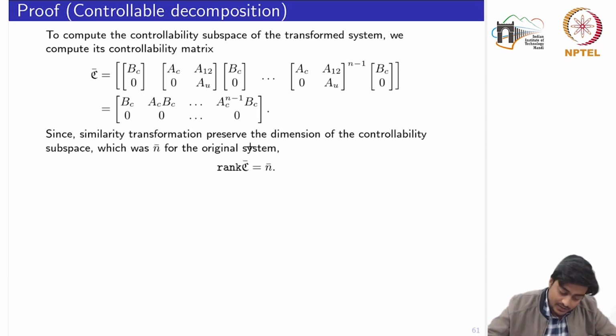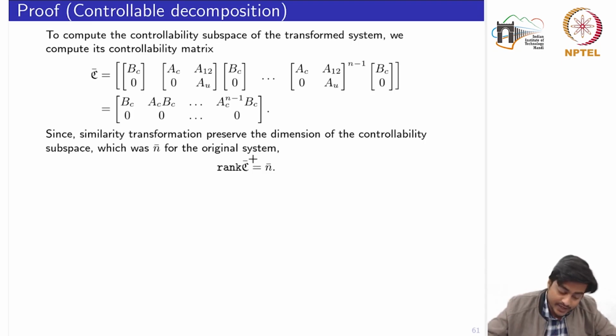So since the similarity transformation preserves the dimension of the controllability subspace, which was n bar for the original system, we would have the rank of C bar equal to n bar. Because we already know that the rank of this controllability matrix is n bar, which is less than n, the dimension of that subspace is n bar already.